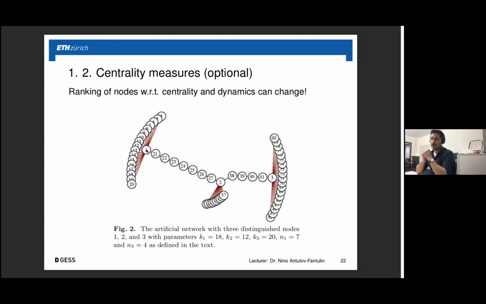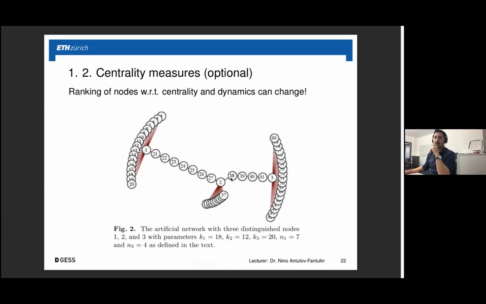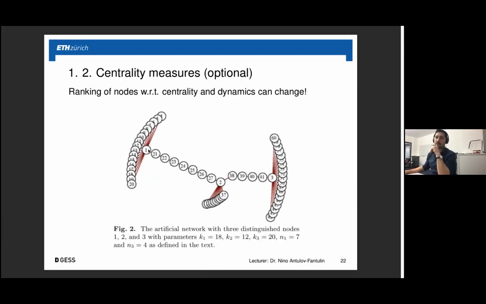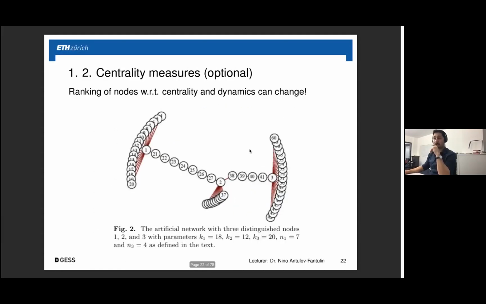Let's denote a random variable y that measures the total number of nodes a certain node will affect. So y1 would tell us the number of nodes node 1 will infect. Y2 would tell us the number of nodes node 2 would infect.